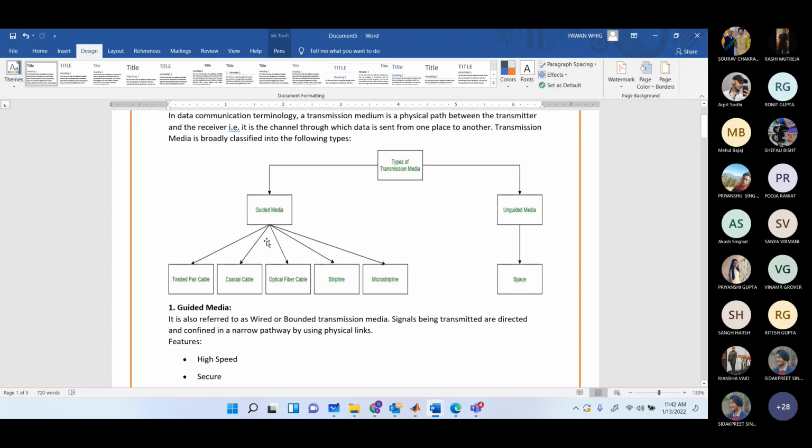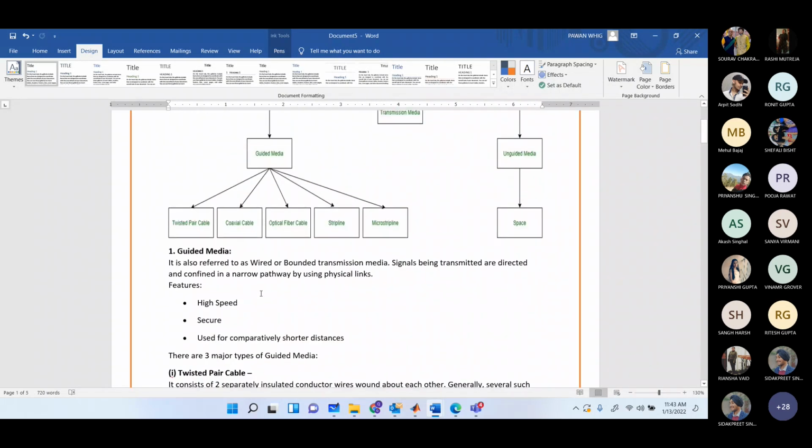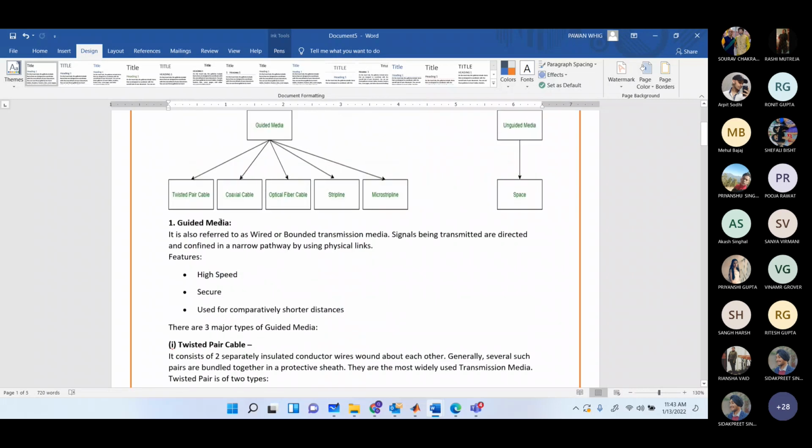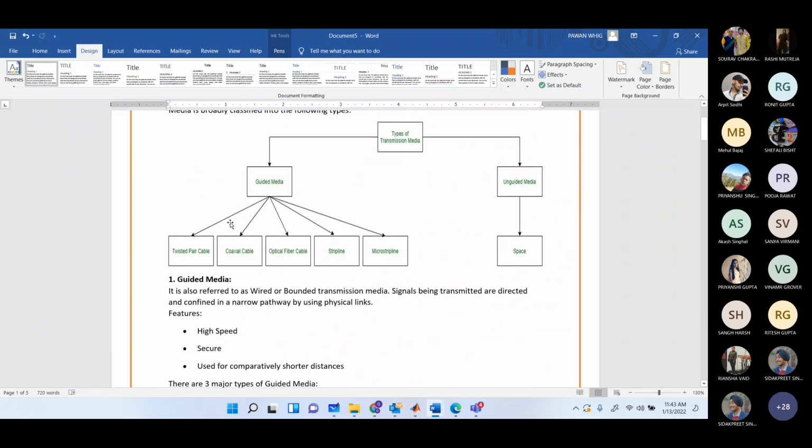Guided media will not work, because huge wires would have to be laid down for that purpose. It is high speed because there is a physical link. That is why it is always better.